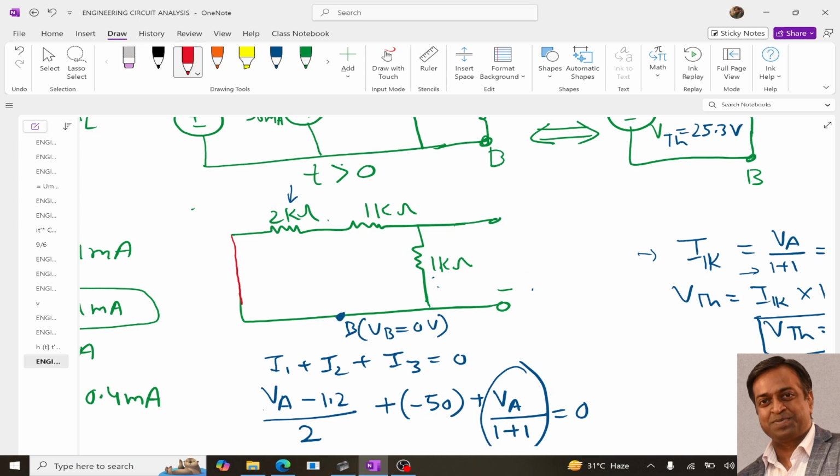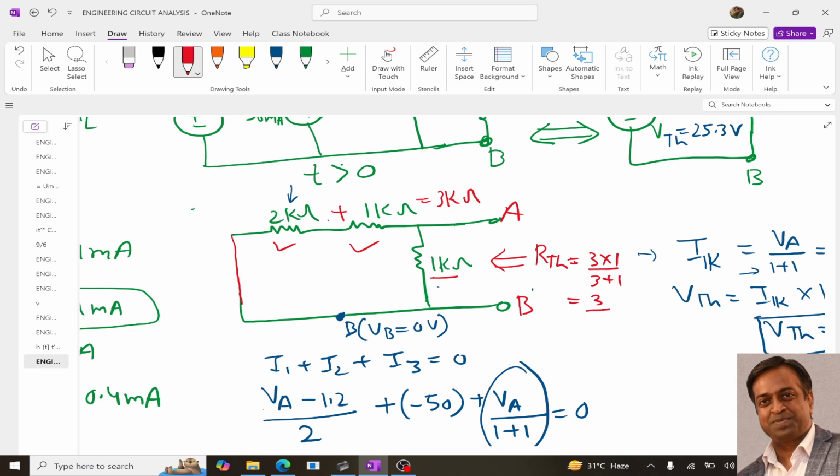And now I need to determine the Thevenin resistance from this terminal. From this terminal AB, this 2, this and this are in series, so they will become 2 plus 1, they will become 3 kilo ohm, right? Now this 3 kilo ohm is in parallel with 1 kilo ohm. So our Thevenin resistance will be 3 into 1 upon 3 plus 1.